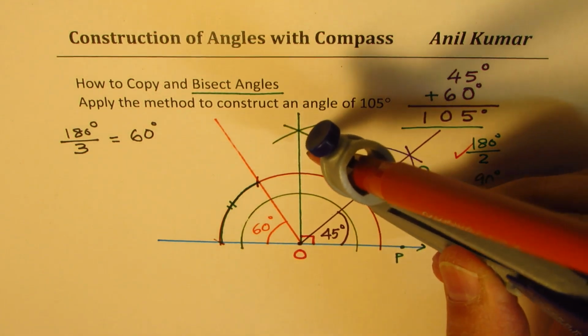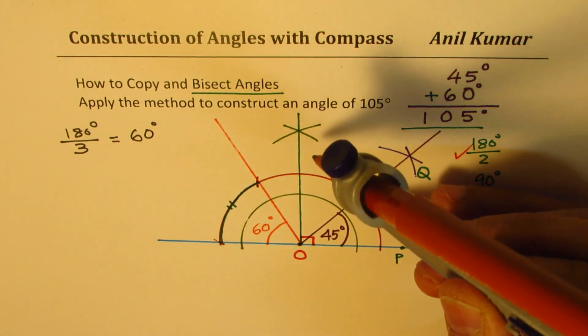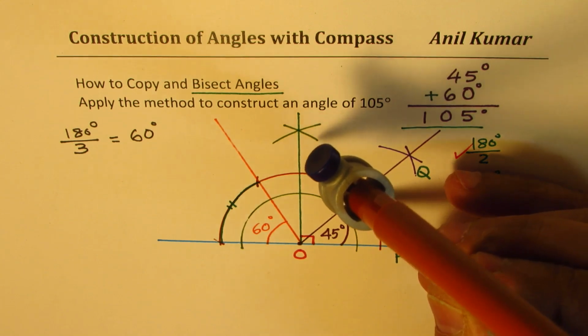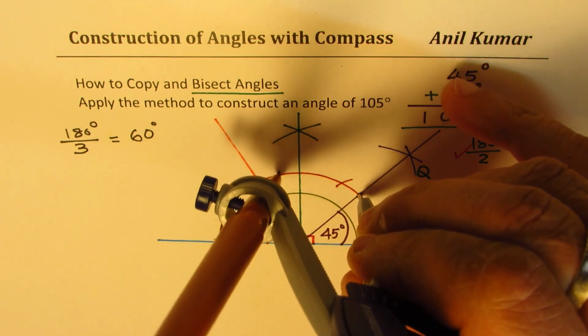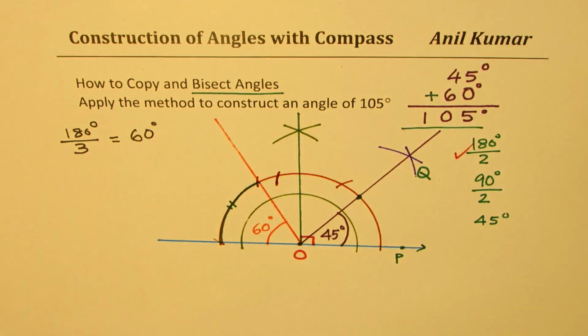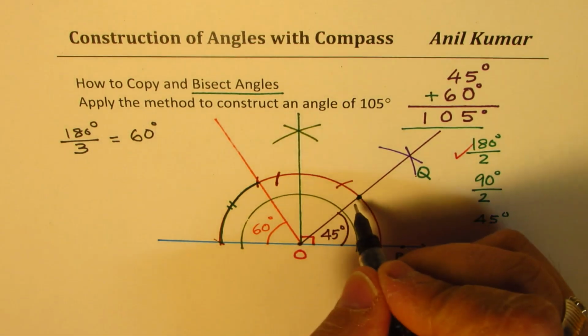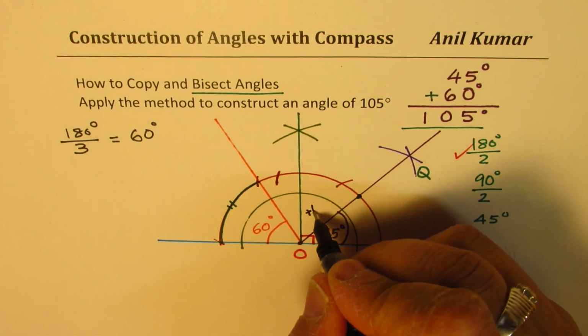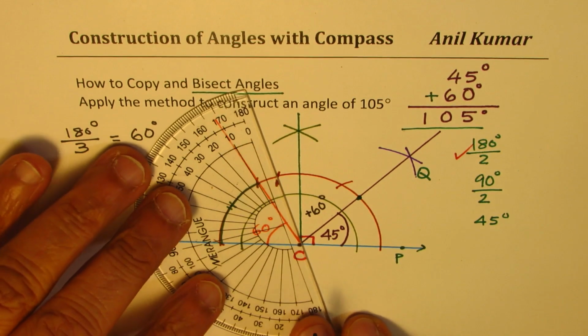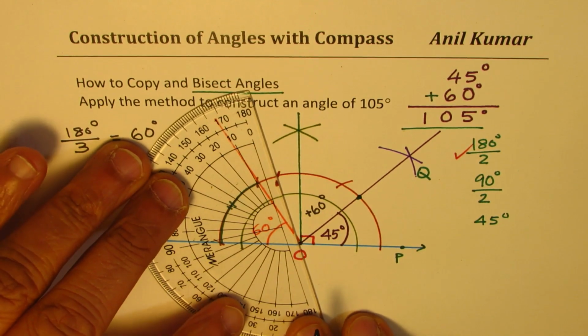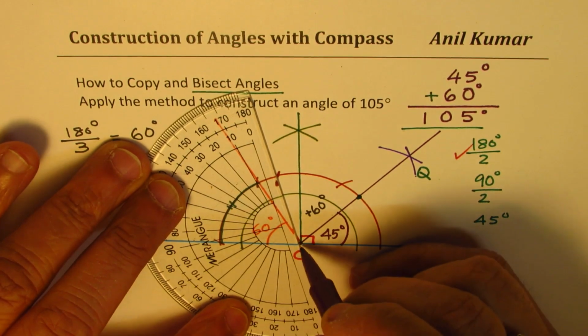I'm using the same arc length, but I'm putting it on my terminal arm for 45 degrees. And once I cut this on this line, do you see that part? Then I've ensured that I have 60 more, right? So this from here to here gives me plus 60 degrees. So if I join the point which I have just made or cut the cross, so that is how I copied my angle of 60 degrees. Did you see that? So there you go.